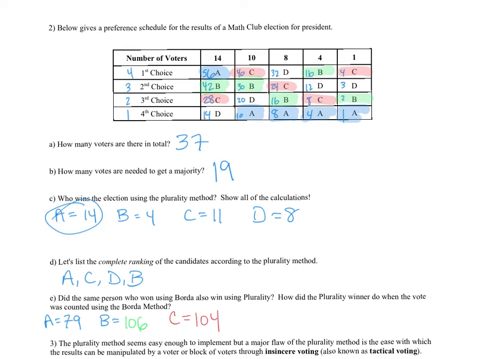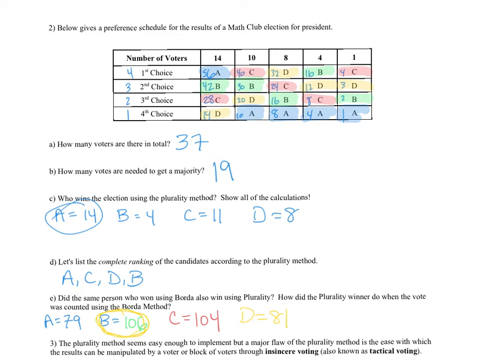And then D has, highlight all the D's in yellow. Okay, so we have 14 plus 20 plus 32 plus 12 plus 3. So that's 81 points. Okay, so B is the winner using Borda, right?